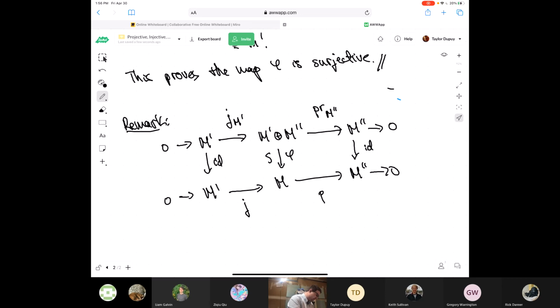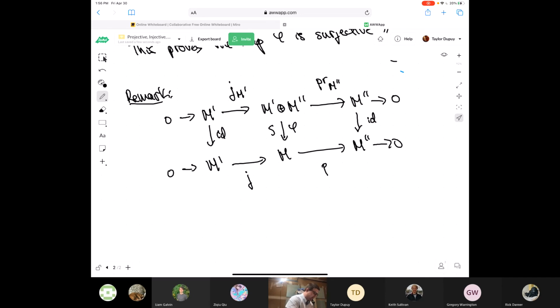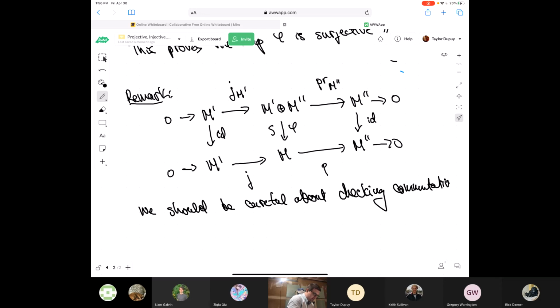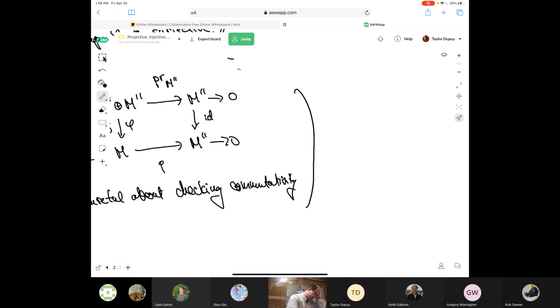So we should actually be careful about checking the commutativity of the diagram, because you don't just want it to be isomorphic to the direct sum. You want it to be isomorphic to the direct sum with its two maps. That's the important part. So I'm going to leave this as an exercise. This is a good exercise.